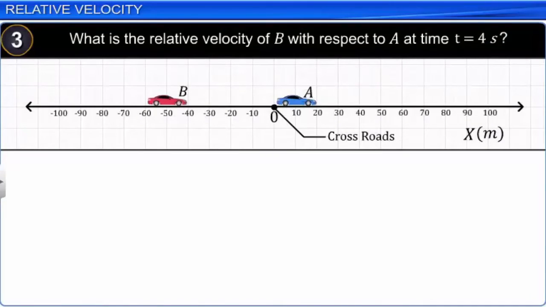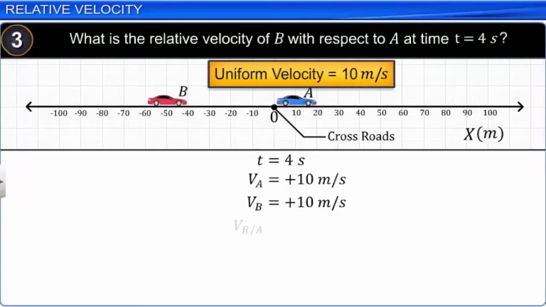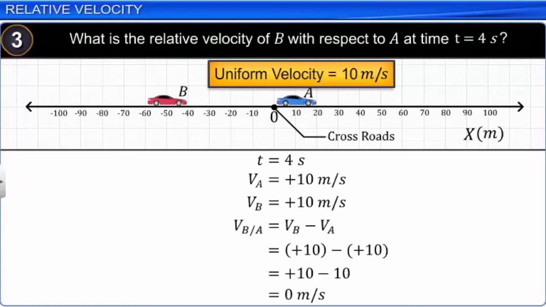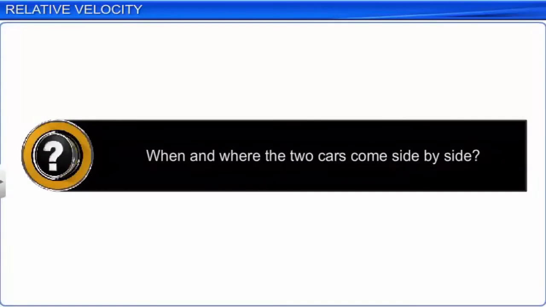As the two cars are moving with uniform velocity, VB by A is equal to VB minus VA. By substituting and simplifying, we get 0 meters per second. When and where the two cars come side by side? By comparing the results of the first and the second parts of case 1, we can say that the cars never come side by side.